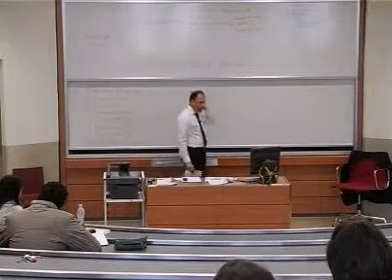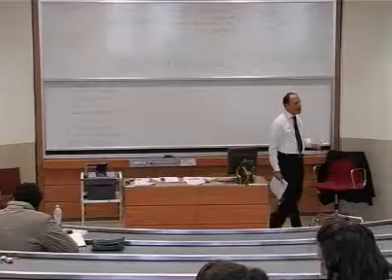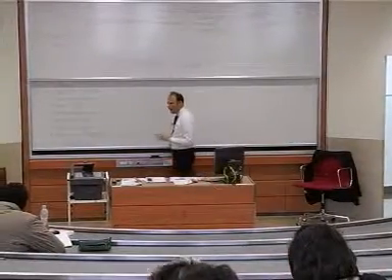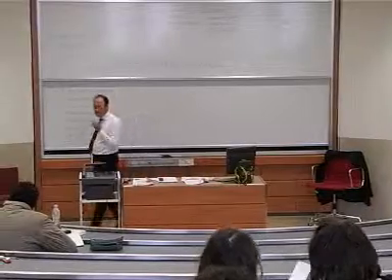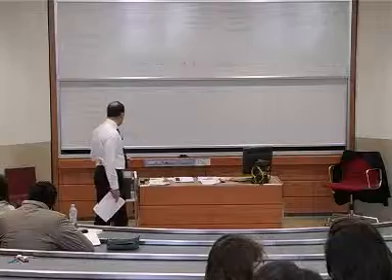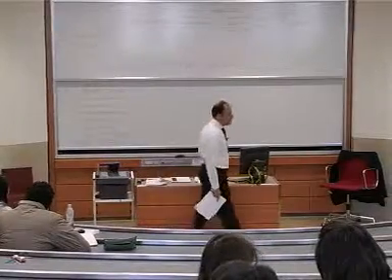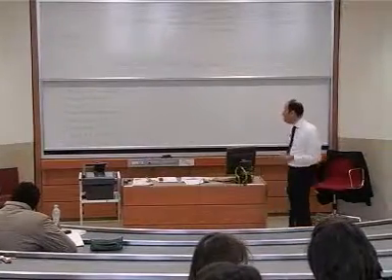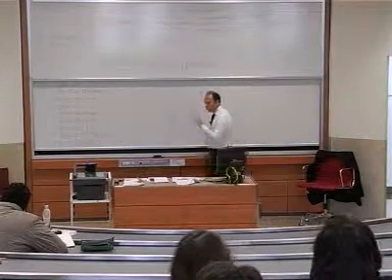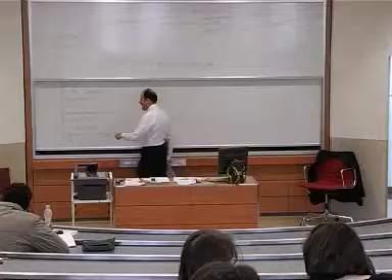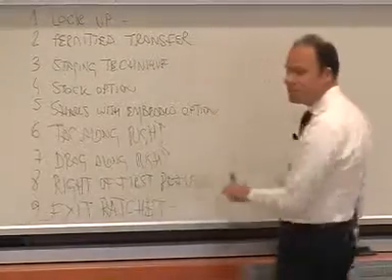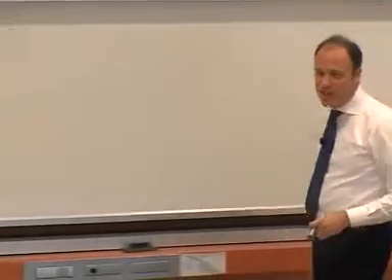Okay? These are the classical 9 golden rules you can use, you can identify, and you can insert in the agreement with the company. So lockup, permitted transfer, staging technique, stock option, shares with embedded option, callable or puttable shares, tag along right, drag along right, right of first refusal, and exit ratchet.